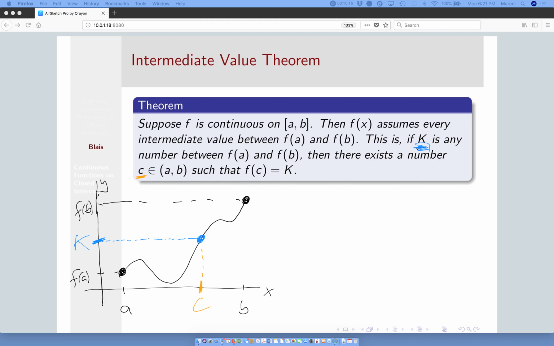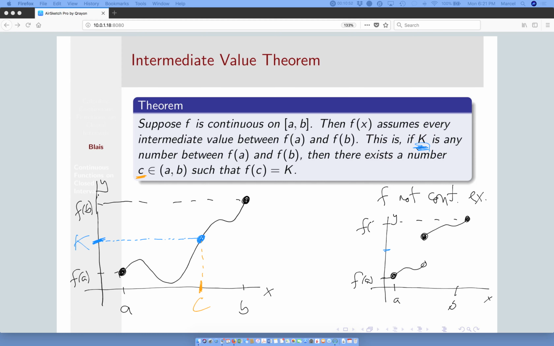If f is not continuous, we can see an example of how it would work. Maybe we're here on [a, b], and maybe we have a jump. Here's a jump. Here's your f(a), here's your f(b).